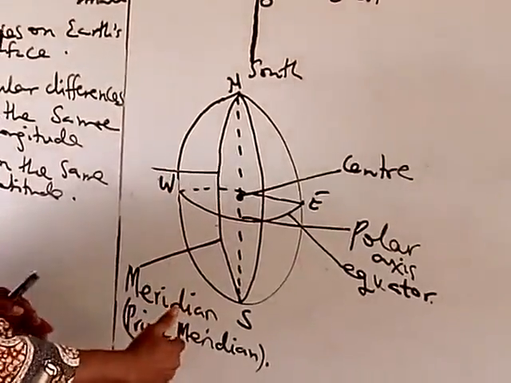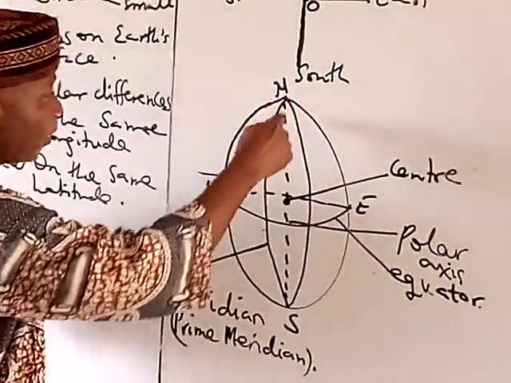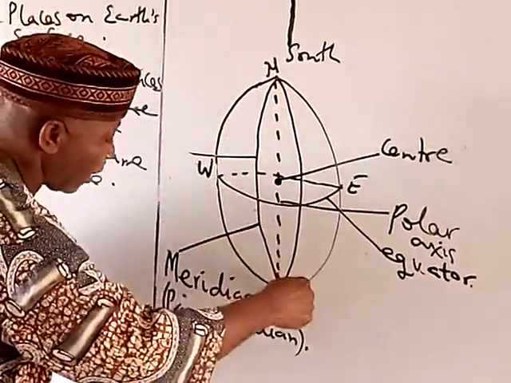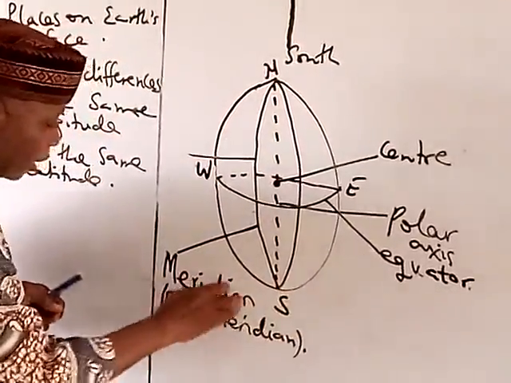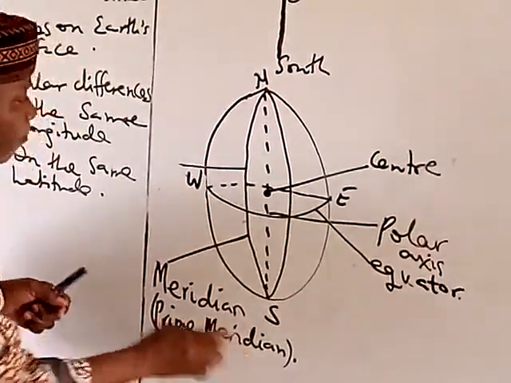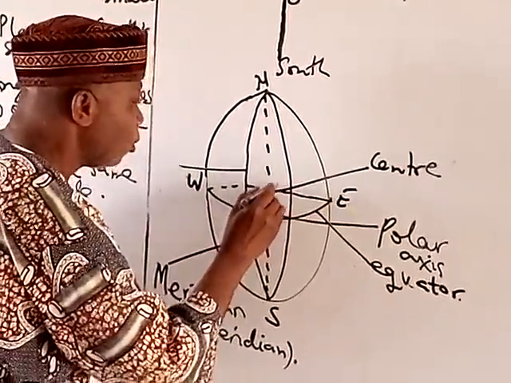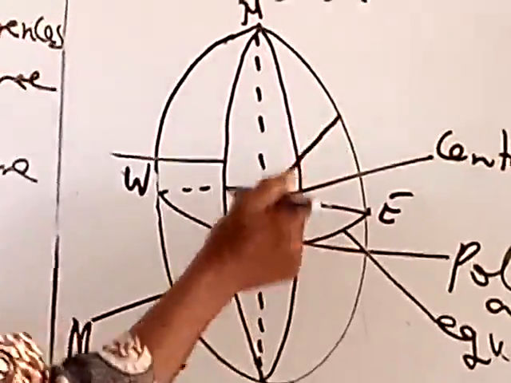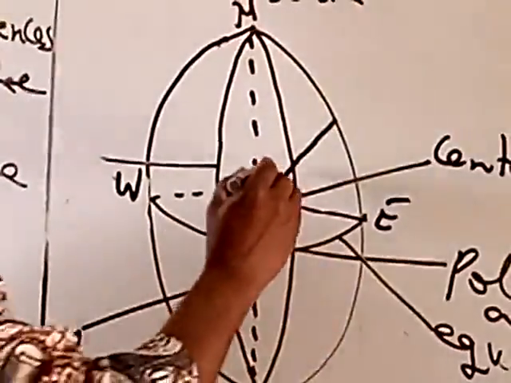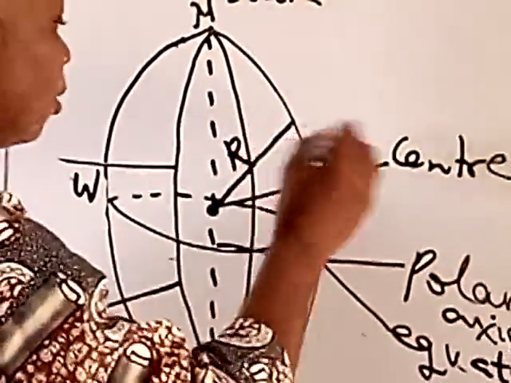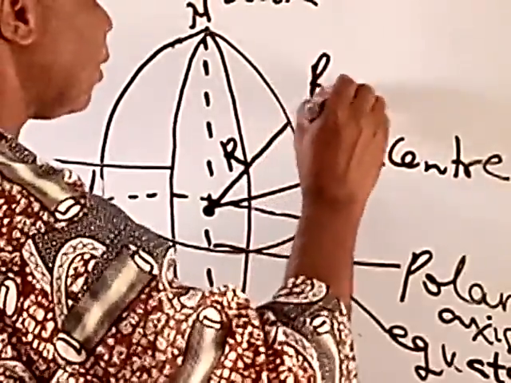The meridian runs from the north to the southern part. The other name for this meridian is the prime meridian. And from the center here to any part of the circumference, we call it the radius of the earth.